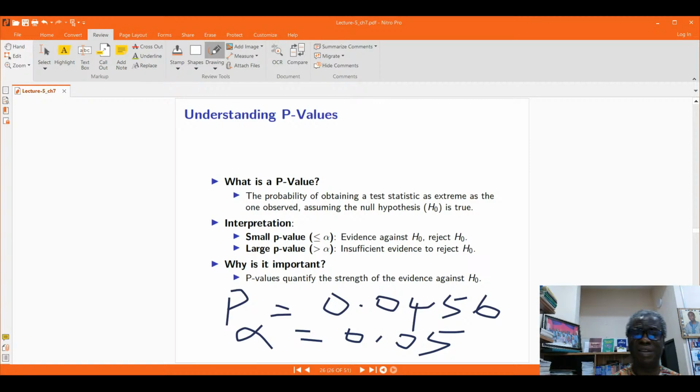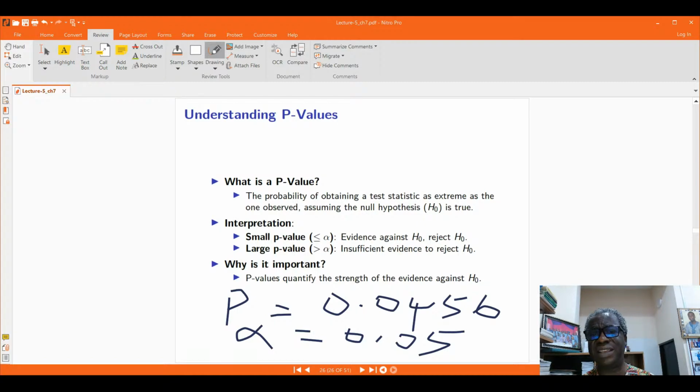So if the p-value is less, then as it is, the p-value is smaller than the alpha value, which means we have to reject the null hypothesis.